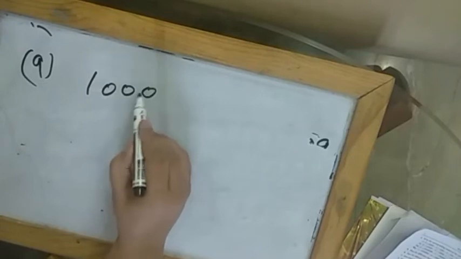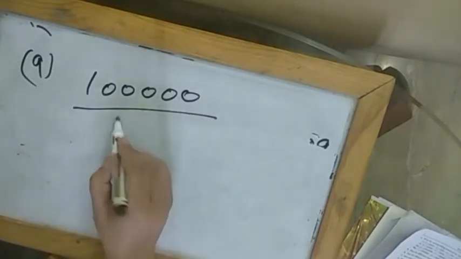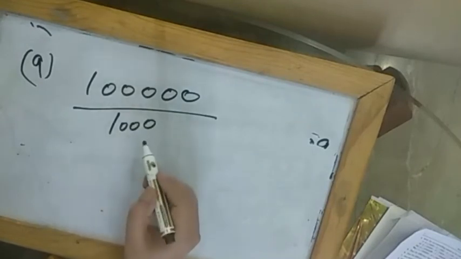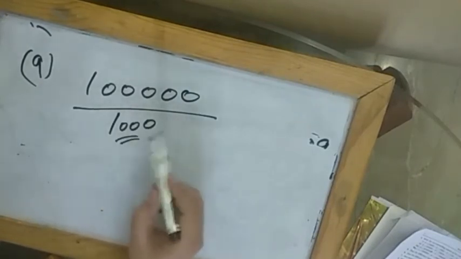Okay, now come to the 9th question. The 9th question says, how many thousands make a lakh? And the 10th is, how many thousands make a crore? So how many thousands make a lakh? I will write 1 lakh and divide it by 1000, because they are asking how many thousands make a lakh.